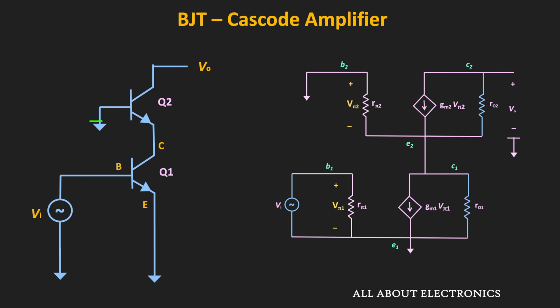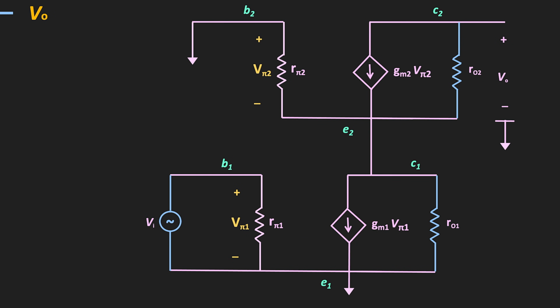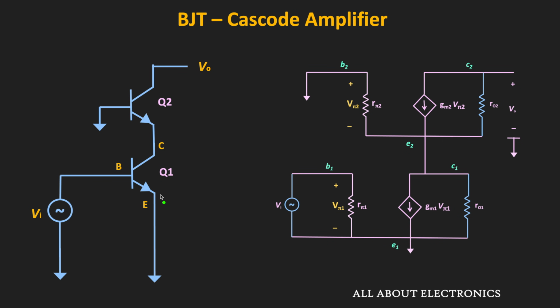Overall, the small signal equivalent circuit of the cascode amplifier will look like this. The input is applied between the base and the emitter of the first transistor. The collector of the first transistor is connected to the emitter of the second transistor. And the base of the second transistor is connected to the ground terminal.